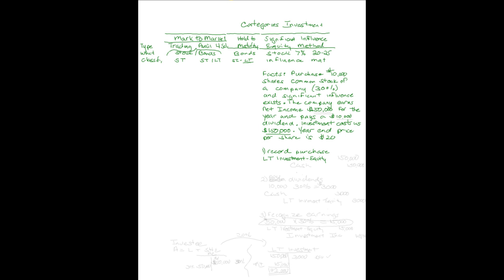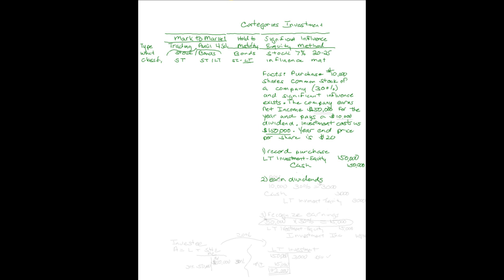I'll go ahead and put that there. I don't think he does. And you pay cash in the amount of $150,000 for this investment. And so you've recorded the purchase. During the course of the year, you earn some dividends.